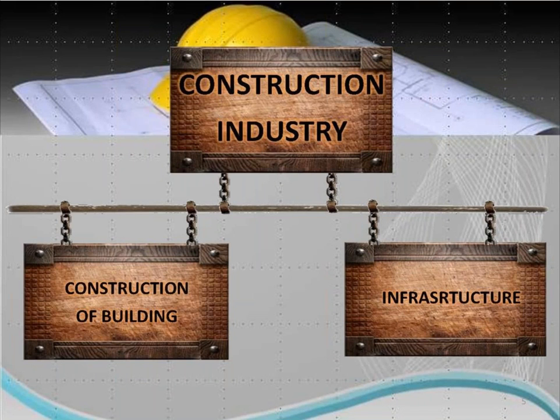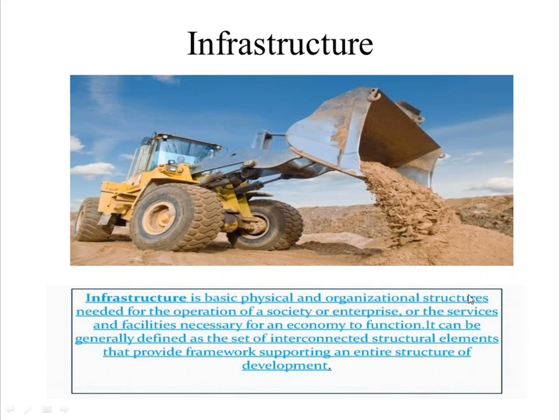Now the construction industry can be divided into two points. The first one is the construction of buildings and the second one is infrastructure. Infrastructure means the basic physical and organizational structures needed for the operation of society or enterprise, or the services and facilities necessary for an economy to function.